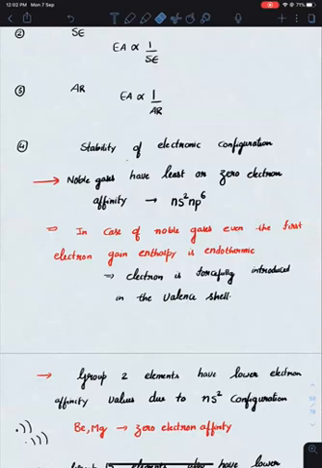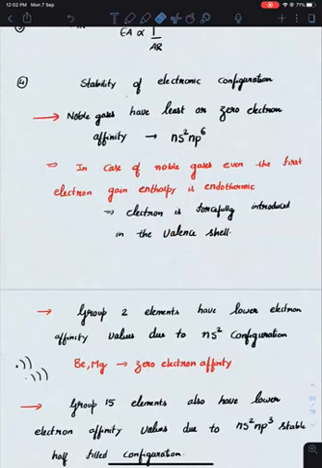So overall, if you compare, group 17 has the highest electron affinity because upon acceptance of an electron, they will be converting into noble gases. Moreover, group 17 has greater Z star.